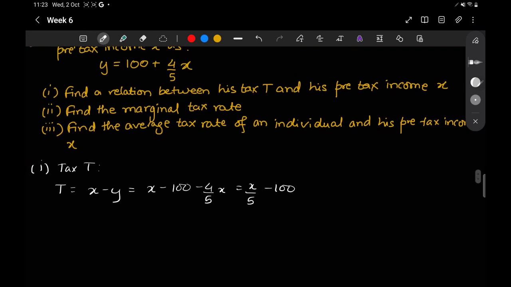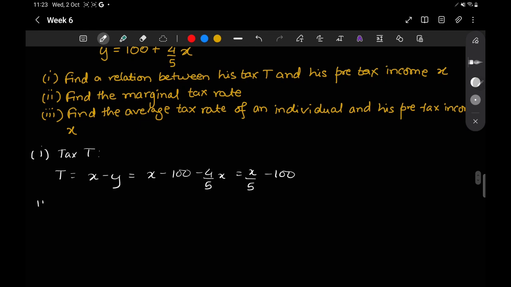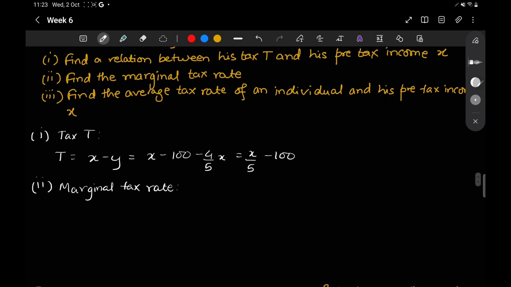So that's tax as a function of pre-tax income x. Then part 2, marginal tax rate. That is the derivative of the tax function, which is derivative of this x by 5 minus 100, which is simply 1 over 5.